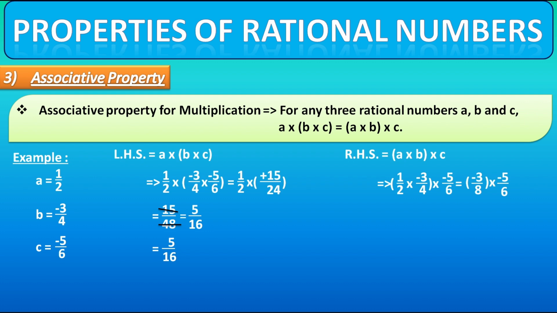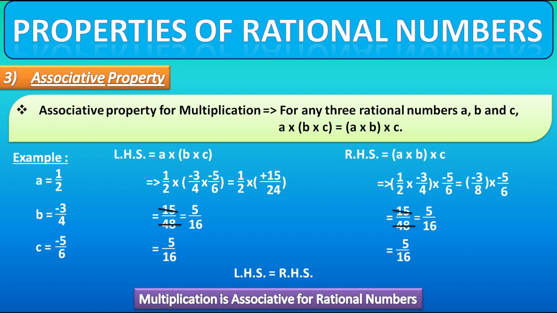Now let's multiply minus 3 into minus 5, which is equal to plus 15 upon 8 sixes are 48. Same we got. Let's reduce it. So 3 fives are 15 and 3 sixteens are 48. So I got the final answer as 5 upon 16. That's why LHS is equal to RHS. That's why we can say that multiplication is associative for rational numbers.